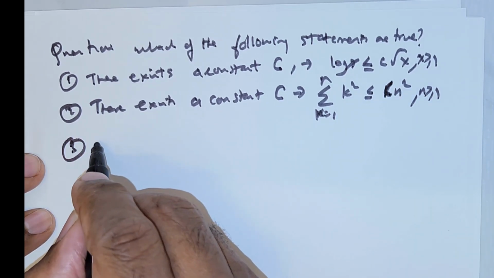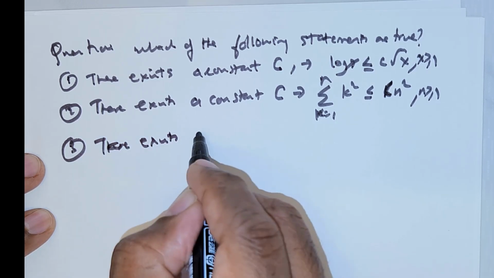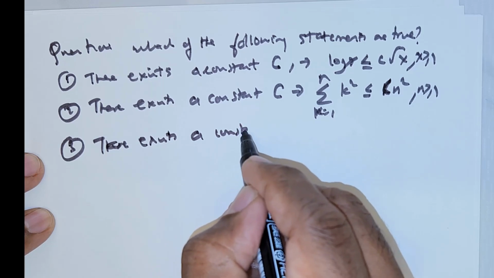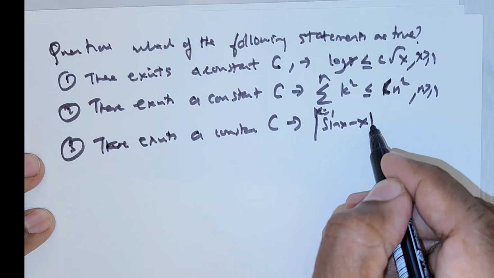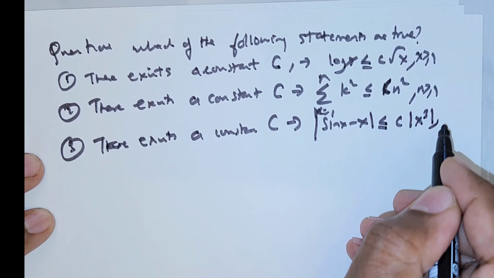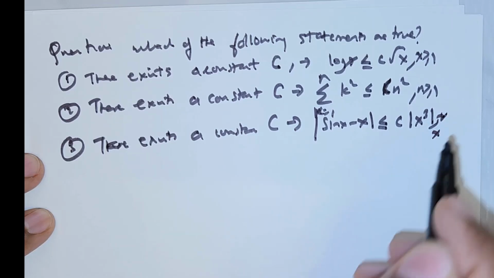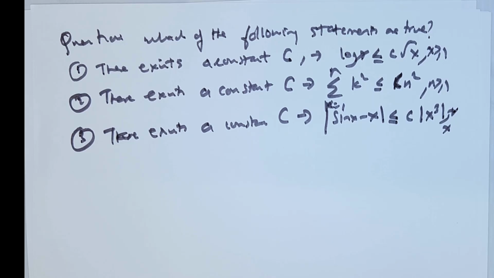Point number 3. There exists a constant c such that modulus of sin x minus x is less than or equal to c times modulus of x cubed for all x. So work this out. When we come back, let's see the correct solution.